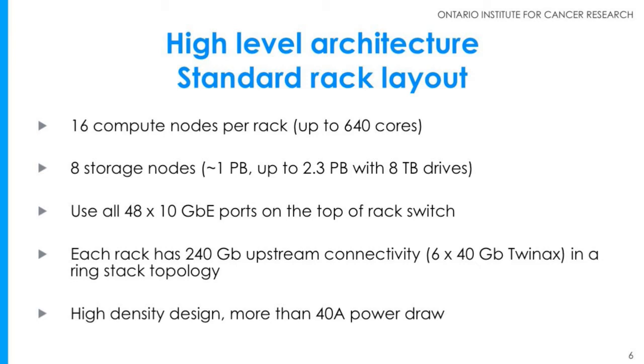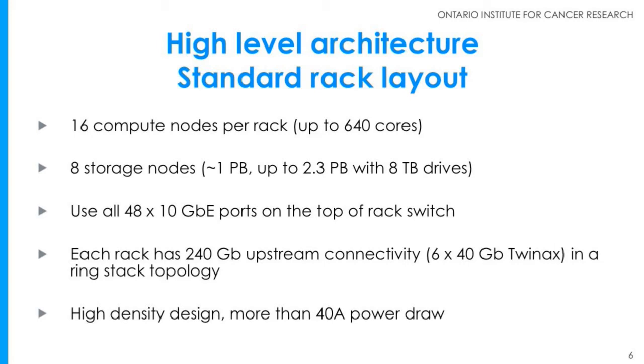This allows us to basically saturate the space, use all the space in the rack, use all the ports on the 10 gig switch, and have very good upstream connectivity from rack to rack using the 240 gigabits per second uplinks. Having a mix of compute and storage in the same rack allows us to also lower the power requirements. And if we lose a rack, we don't lose a lot of compute or a lot of storage. We lose just a mix of two, but in a smaller portion.